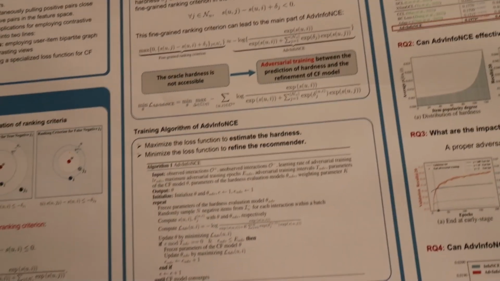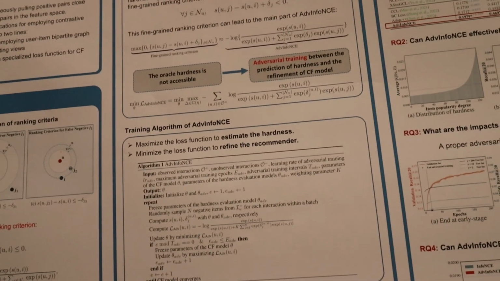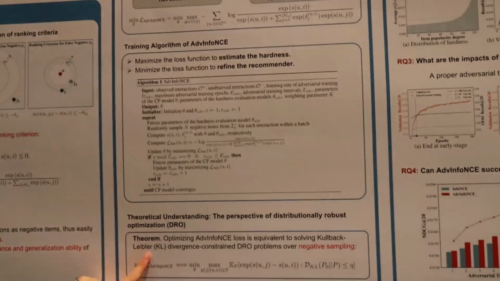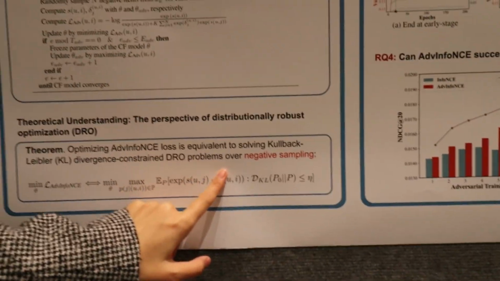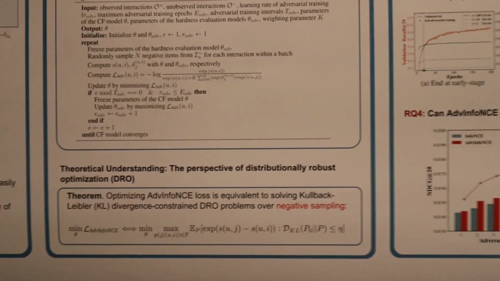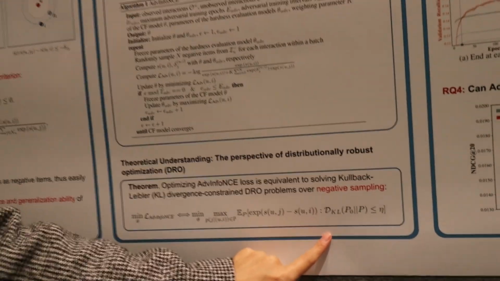And you may ask me why you use adversarial training, why it works, right? We theoretically prove that when we do this, we are equivalent to solving a distributionally robust problem. This distributionally robust problem is designed for OOD, out of distribution problems.